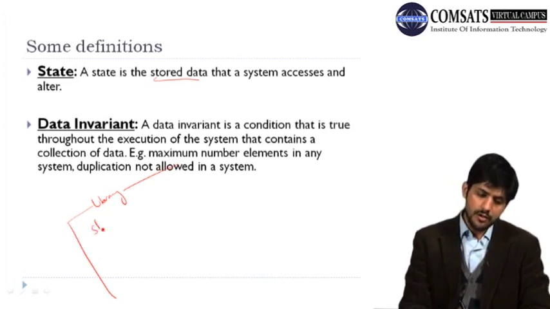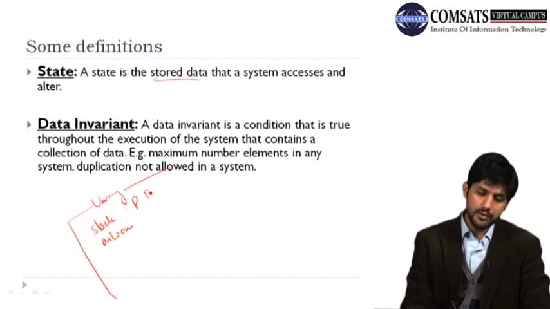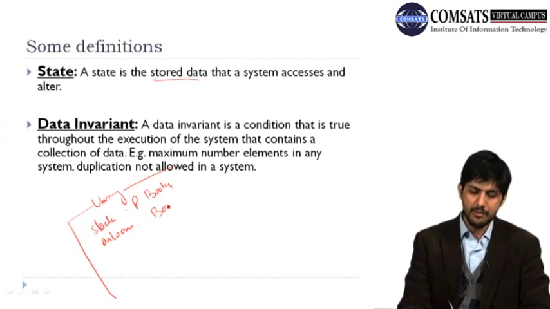So we said stock, and we said a set of on-loan books. And we said stock is a set of books, and on-loan is a set which maps the books to borrower.